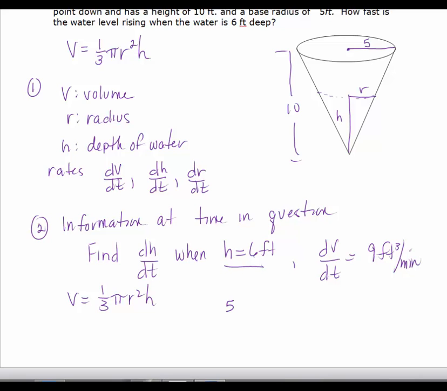I know that 5 is to 10 as R is to H, and when I solve that, if I do the cross products, I get 10R equals 5H, or R equals H over 2.